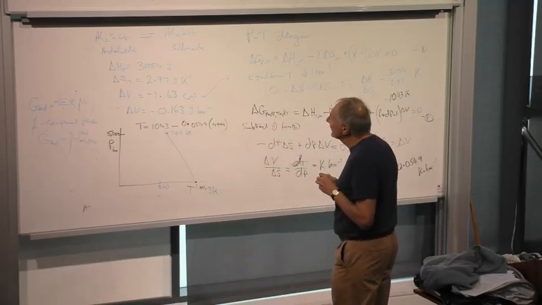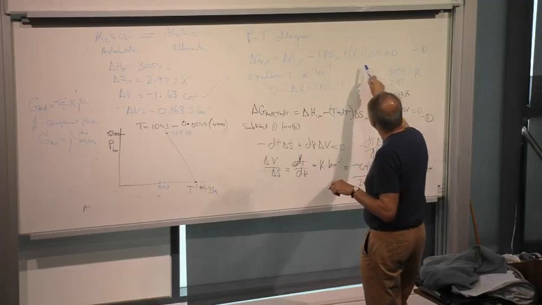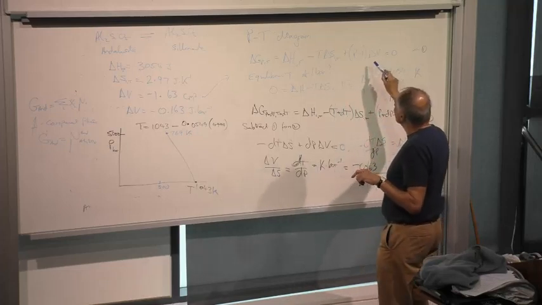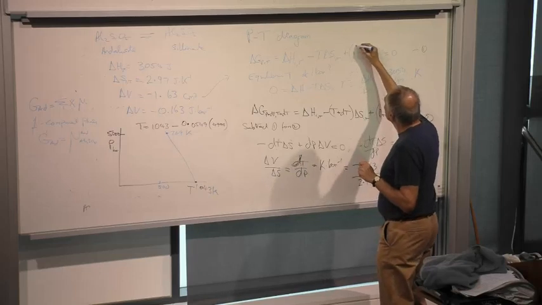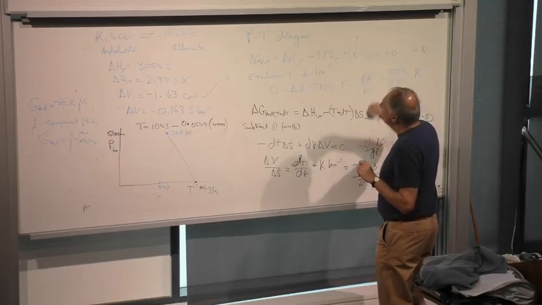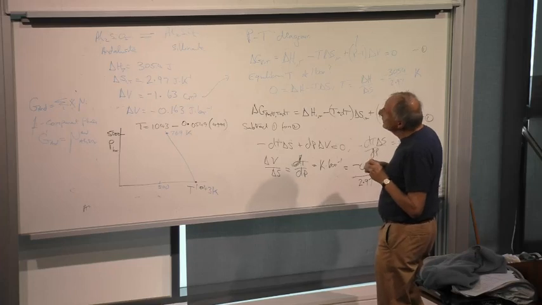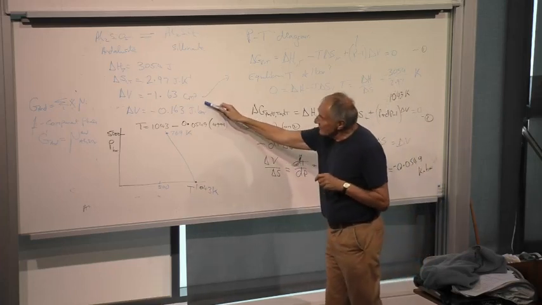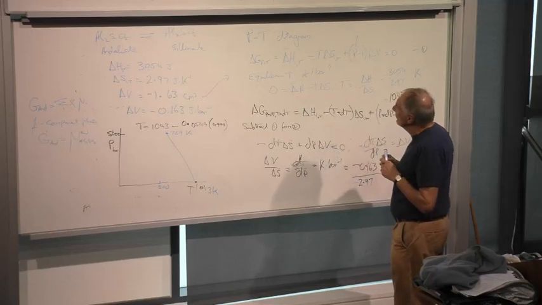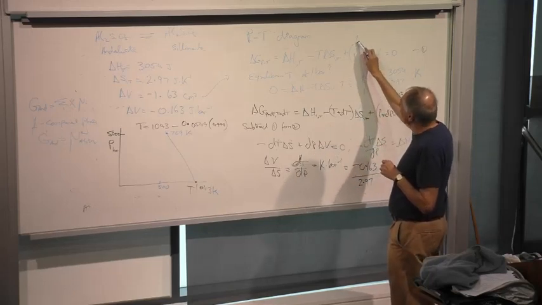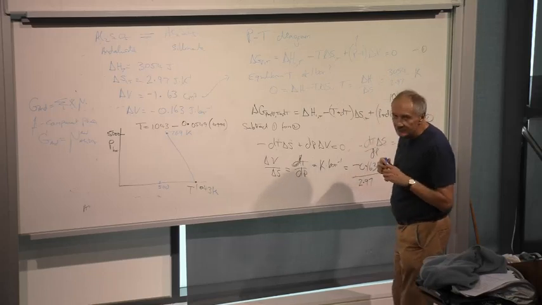So delta G then, what happens as we raise the pressure? As we raise pressure, delta V is negative, which means that as we raise the pressure, delta G is going to get more and more negative.